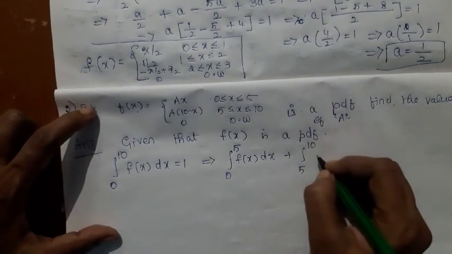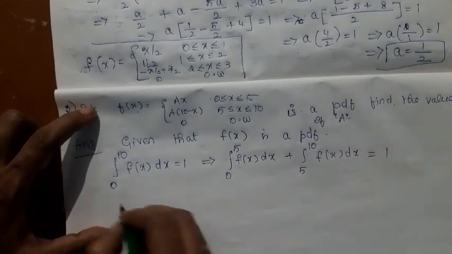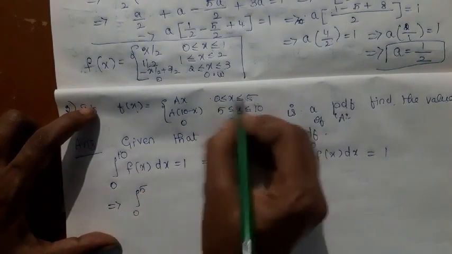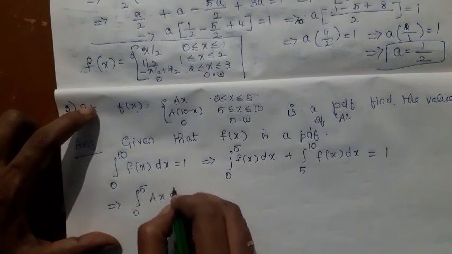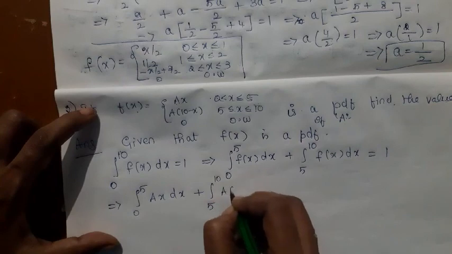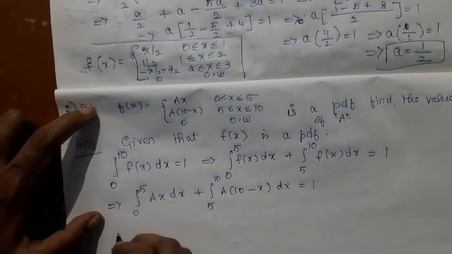So I am dividing it as integral 0 to 5 and plus integral 5 to 10. From 0 to 5 it is ax. From 5 to 10 it is a into 10 minus x. Fine.